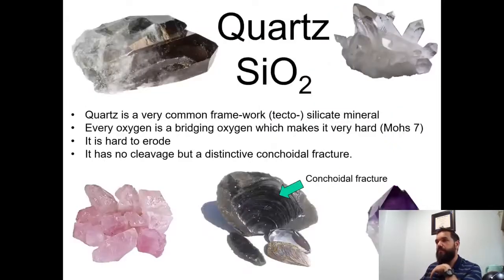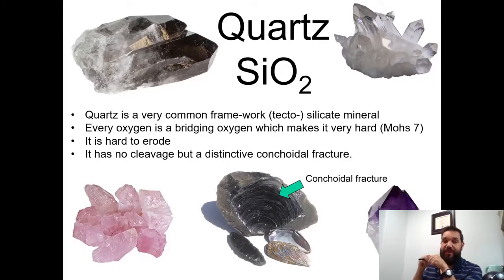Okay, so let's talk about quartz. You got to know a little bit about all these important minerals. Quartz is a very common framework tectosilicate mineral. Remember we talked about silicate structures? Tecto framework silicates, that's where all of the silicate tetrahedra are touching and bound together, right?